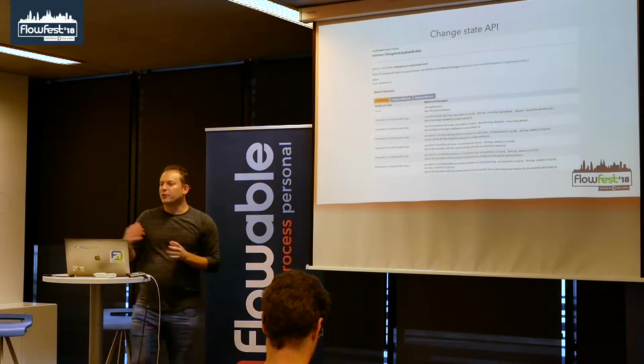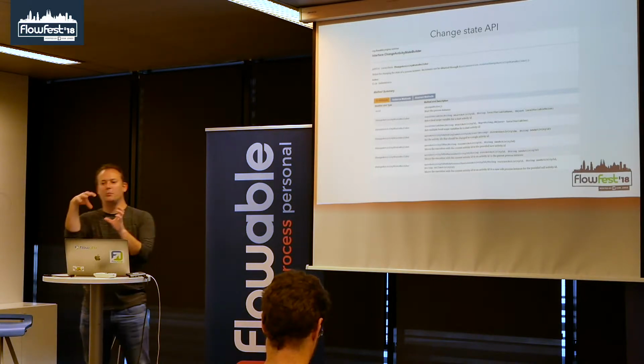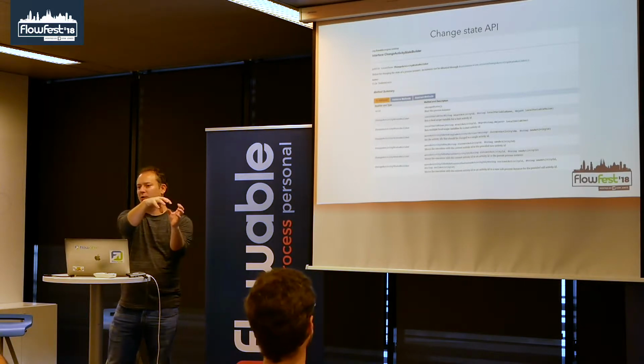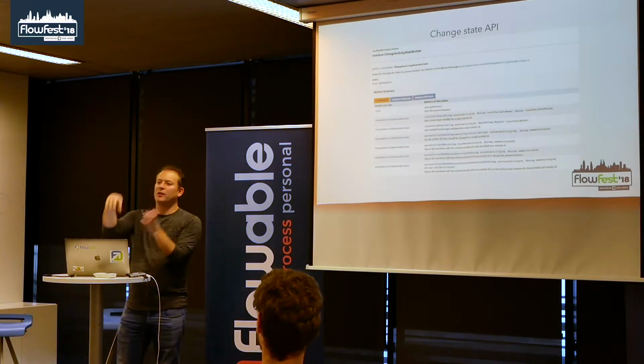That's something you can say to that change state logic. But you can also say I'm in a parallel path and I want to actually move these parallel executions to one single execution. So we can move away outside of that parallel gateway to a single user task. That's also possible with the change state API.